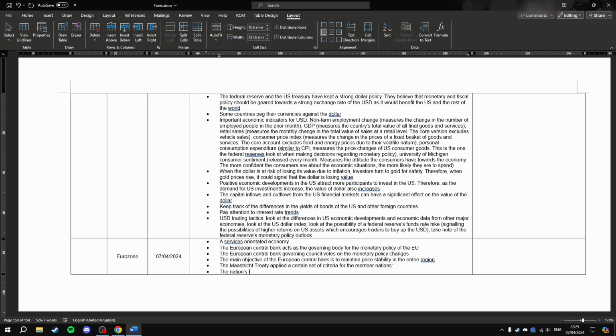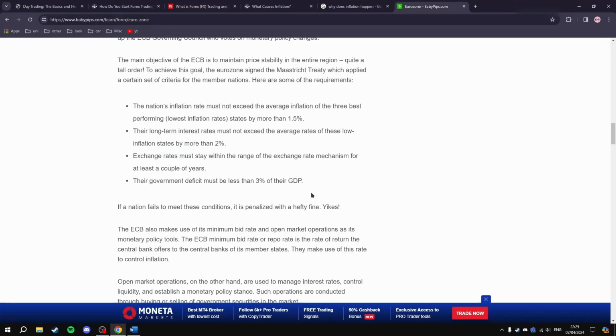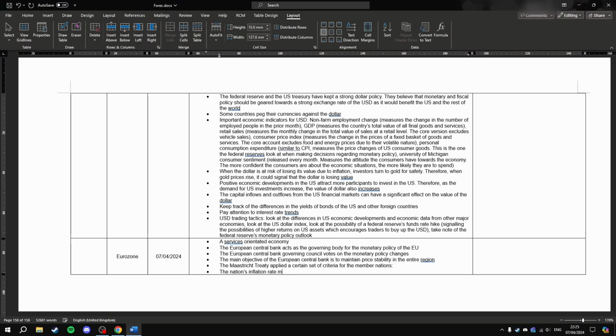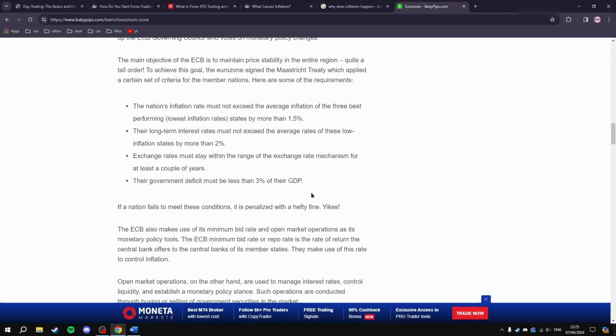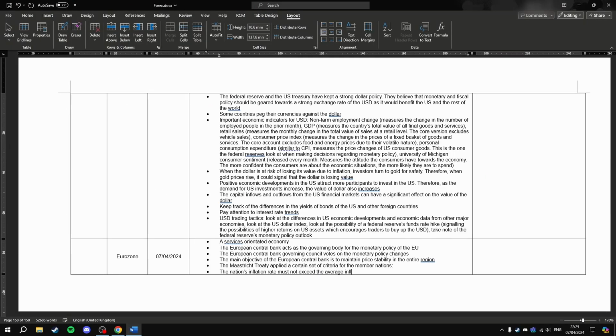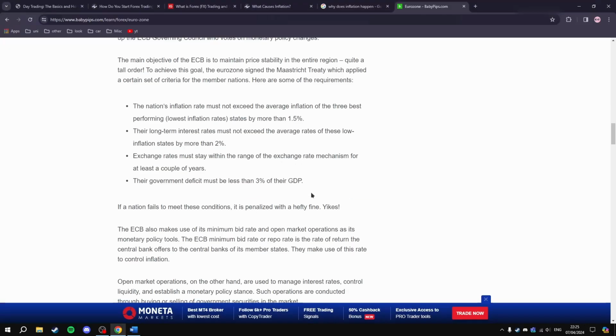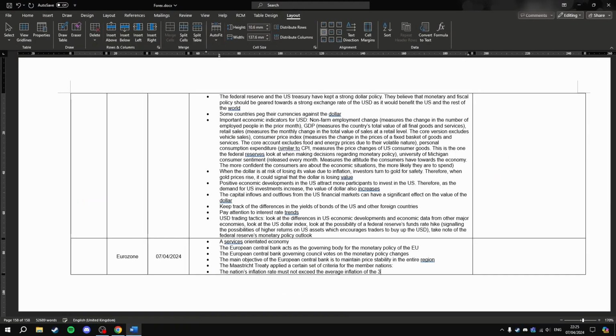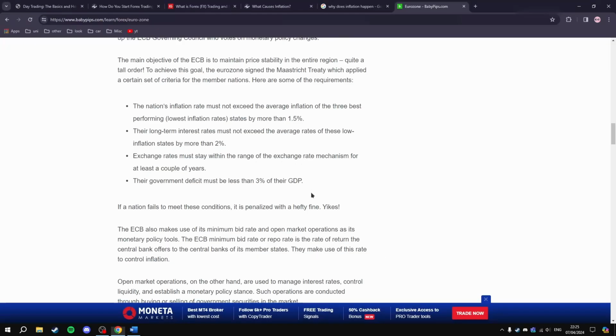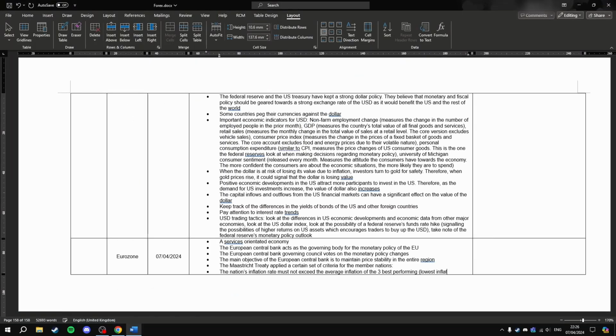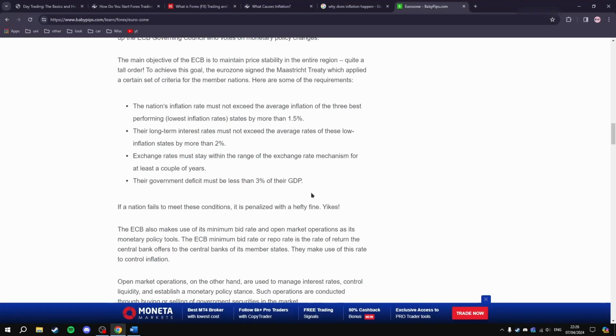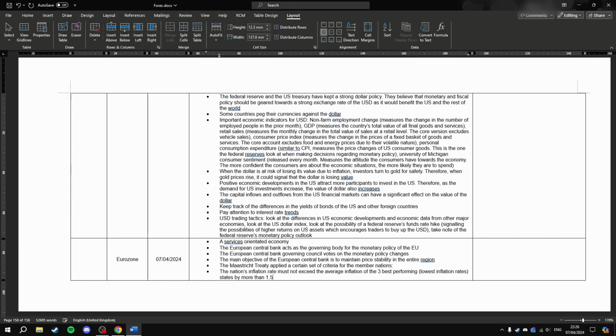The nation's inflation rate must not exceed the average inflation of the three best performing, lowest inflation rate states by more than 1.5%.